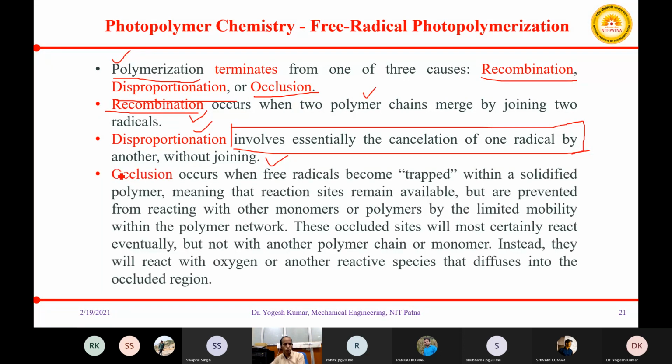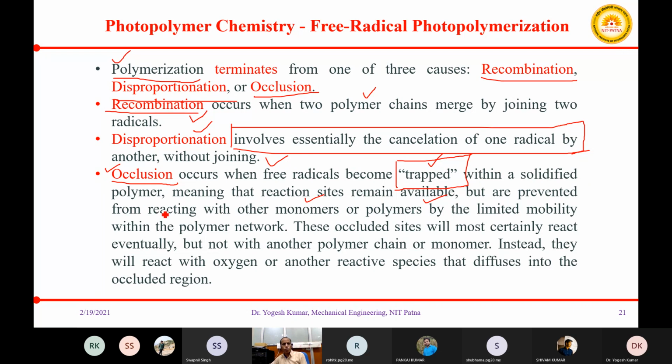Then the third, which normally happens when we stop exposure of UV rays on the SL resin, is occlusion. Occlusion occurs when a free radical becomes trapped within a solidified polymer, meaning the reaction site remains available but has no liquid monomer in its surrounding boundary.